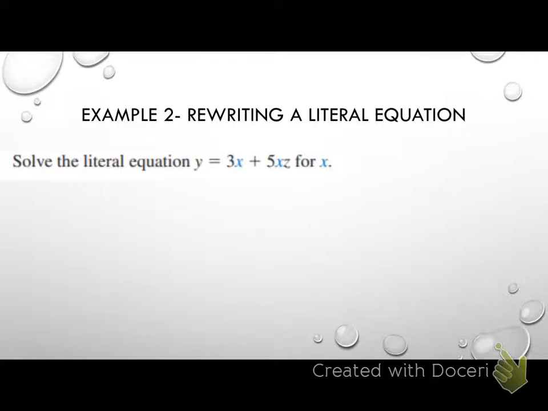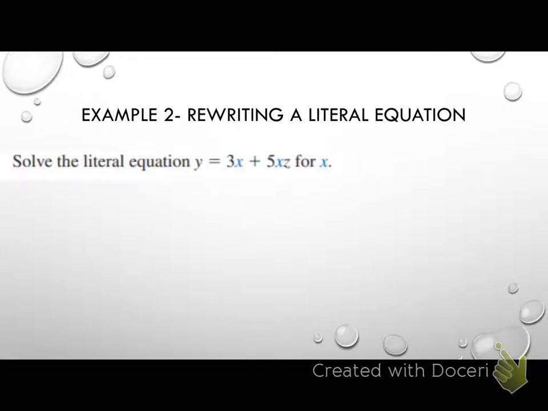Subtract what? The 5xz? Well, I'm trying to solve for x, right? Trying to get x by itself. Am I able to combine 3x and 5xz? No. So I need to try to find some way where my x's are combined.